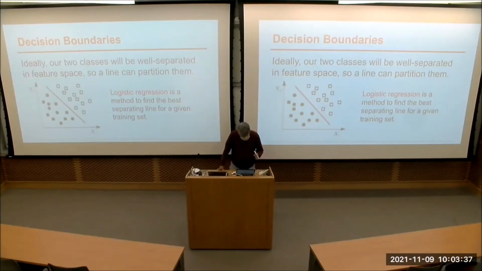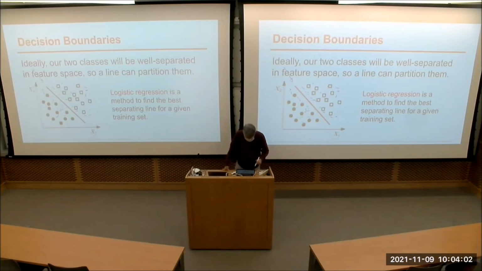The claim is that the formulation we want is to find a boundary between the two sets. That way, any point on one side of the boundary is going to be called a square, and any point on the other side of the boundary is going to be called a circle. Any questions about that?